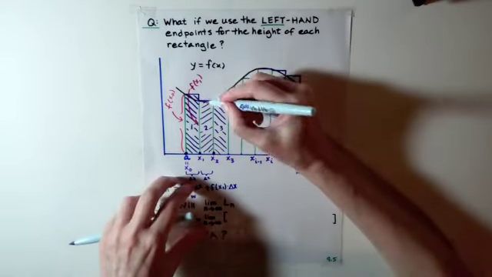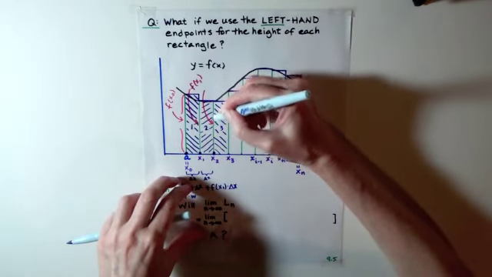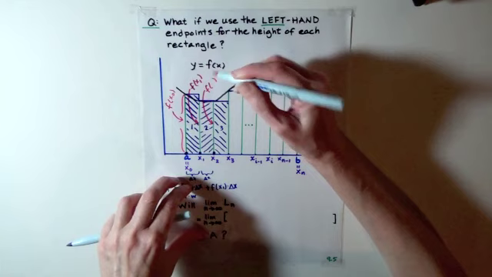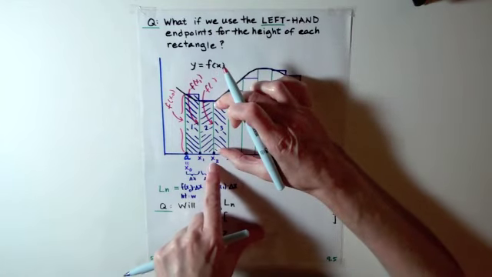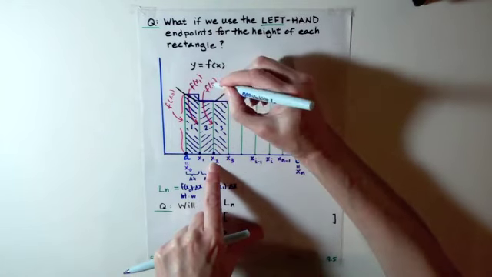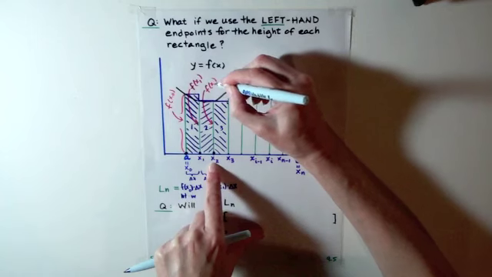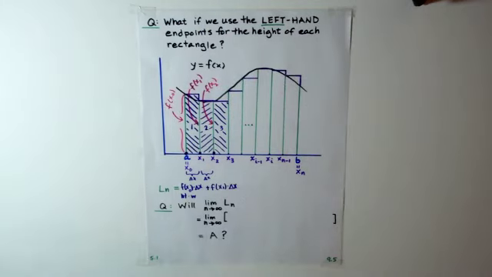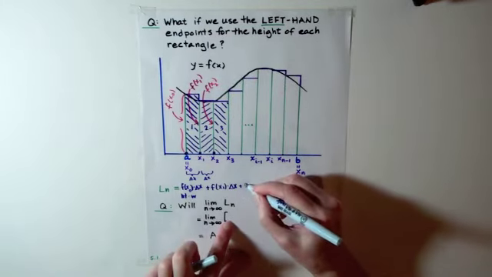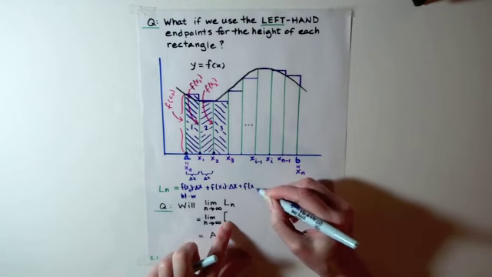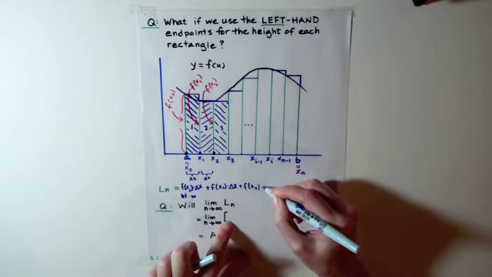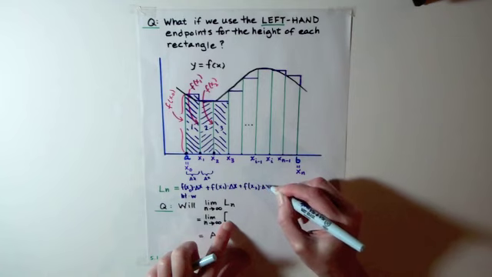And how high is that? Again, if I want to know how high it is, it's whatever the value of f is at that x value. So it's f of x sub 2. So my third rectangle would be f of x sub 2 times its width, which is still delta x.